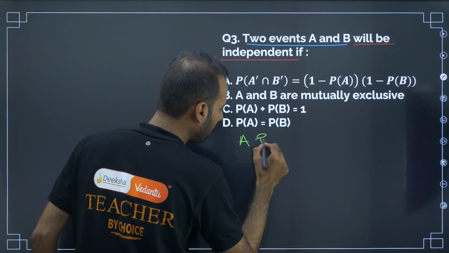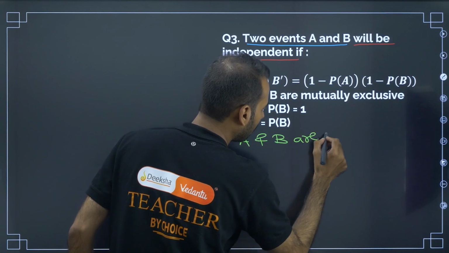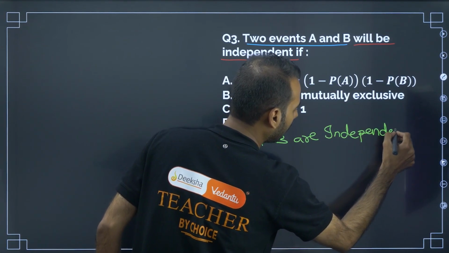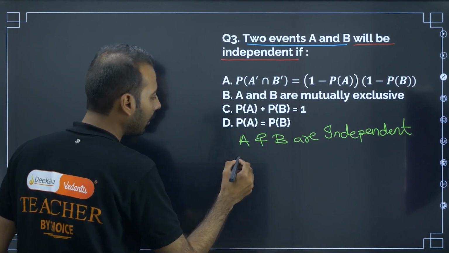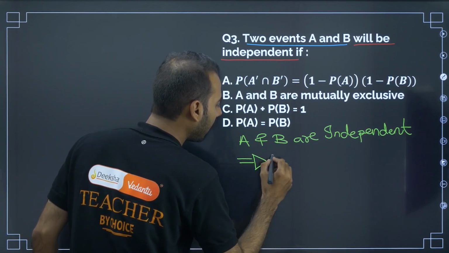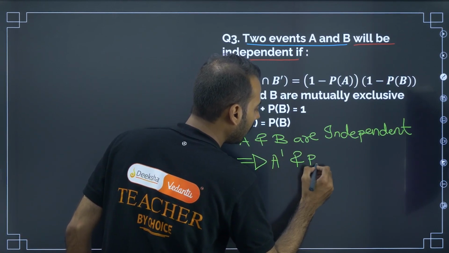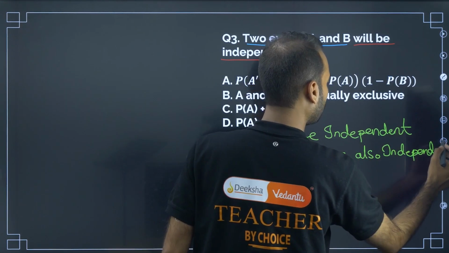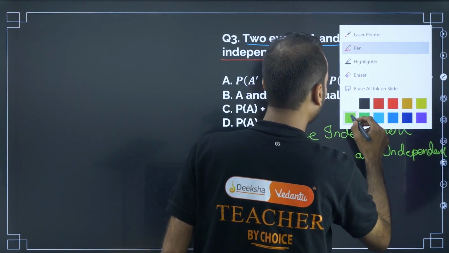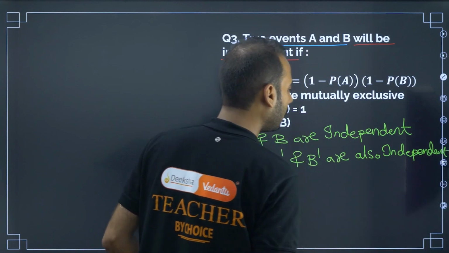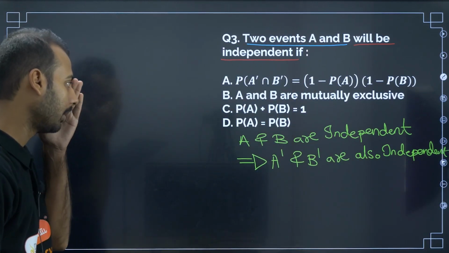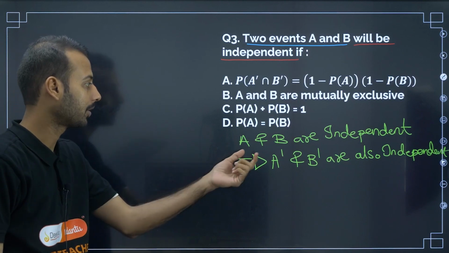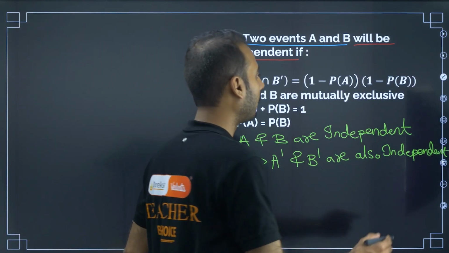If A and B are independent, this implies A dash and B dash are also independent. So you take this as a synopsis point. In the book it is already there. If A and B are independent events, then A dash and B dash are also independent.